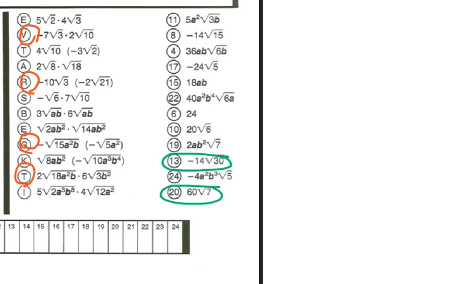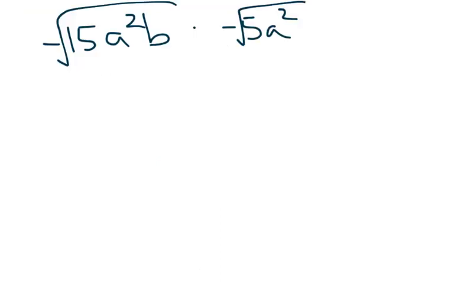Okay, we have G. Again, if you have not done any of these yet, you really need to try some by yourself before you do the rest. So do G. Okay, notice I have a negative out front of both of these. So I'm going to just remind myself and you that if it's just a negative, it's always a -1.